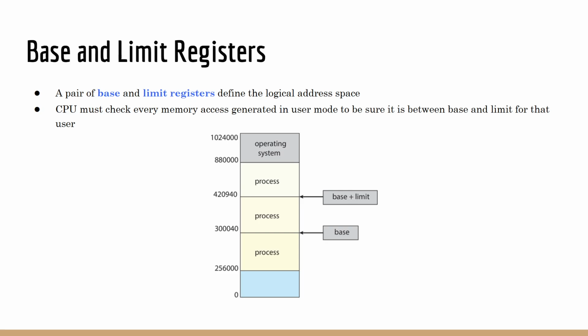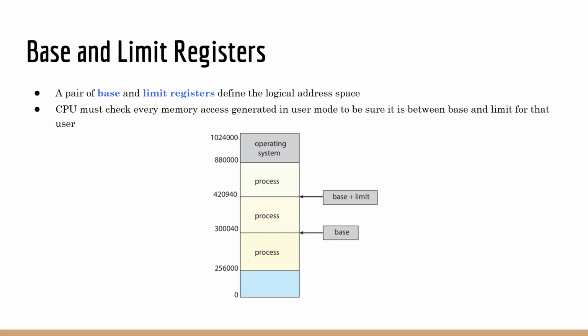One of the earliest and simplest hardware methods for memory protection is the use of base and limit registers. For each process, the operating system defines a specific range of legal memory addresses. The base register holds the smallest legal physical memory address, and the limit register specifies the size of that range.